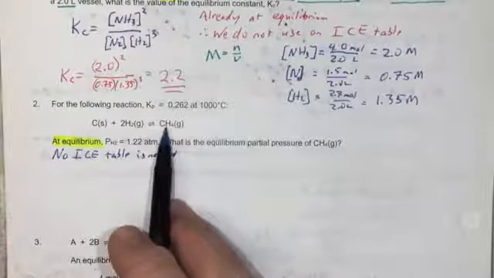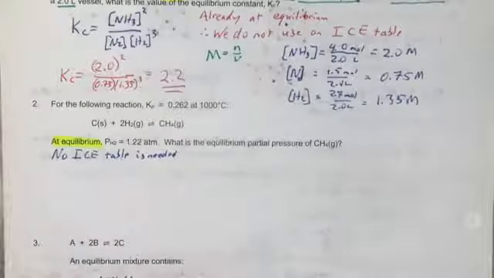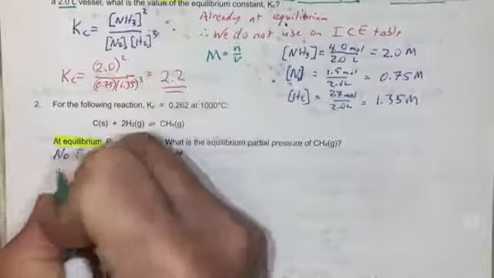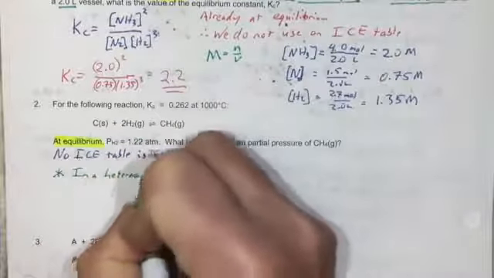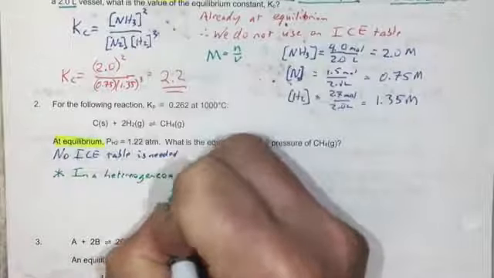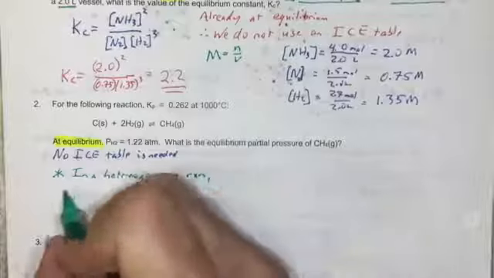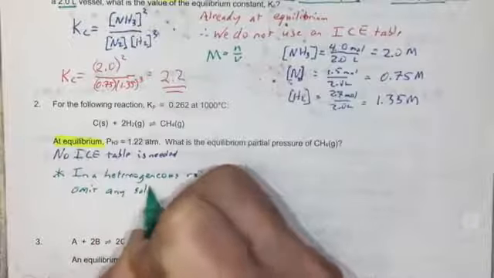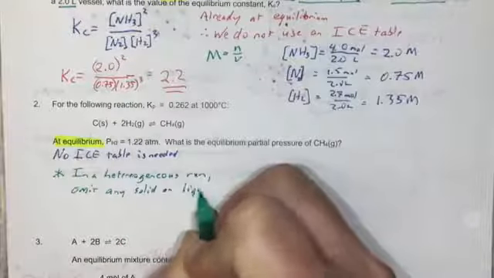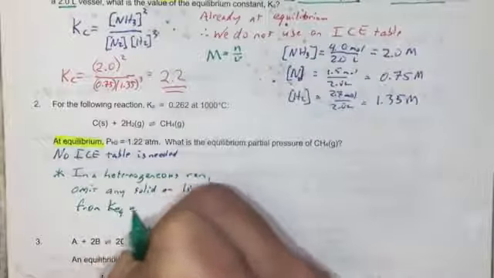As I look at this equation, the important thing to remember, and this is very important, is that in a heterogeneous reaction we always omit any solid or liquid from the Kc or Kp equation, or we can just say the Keq equation.